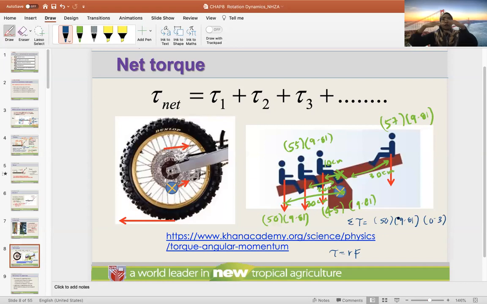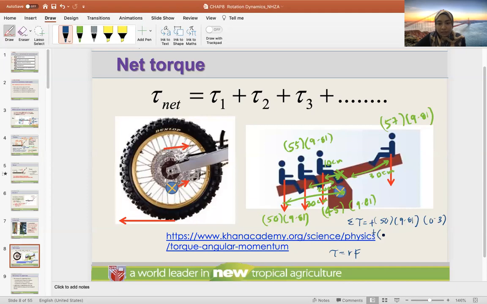So let's say this is how it looks like. Am I going clockwise or anti-clockwise? I'm moving this way, right? So it's anti-clockwise. So I am positive. And then this is Belle. So Belle is also positive.